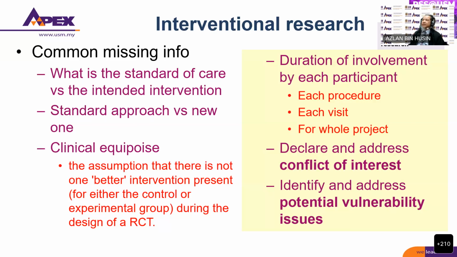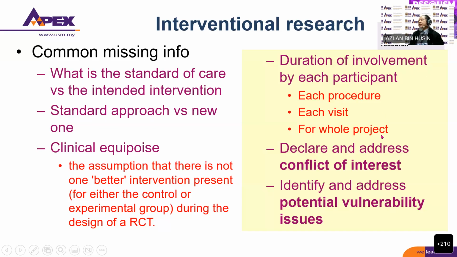Because we need to justify how it is fair for the participant to be involved in this research. This comes to what we call the status of clinical equipoise, meaning there is no clear-cut better or worse between the two groups, if you're talking about a comparison of two groups.